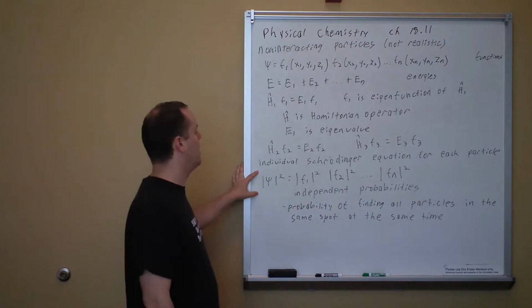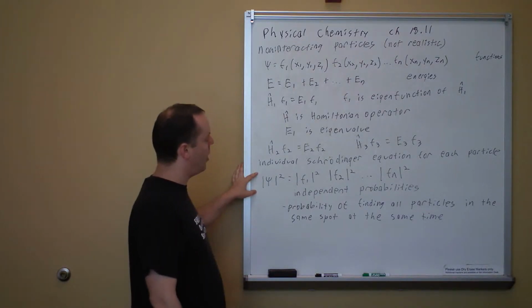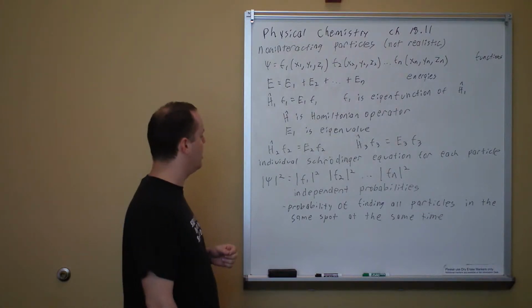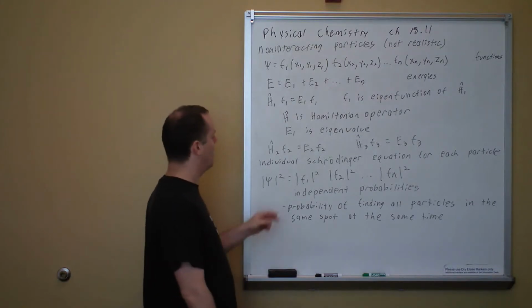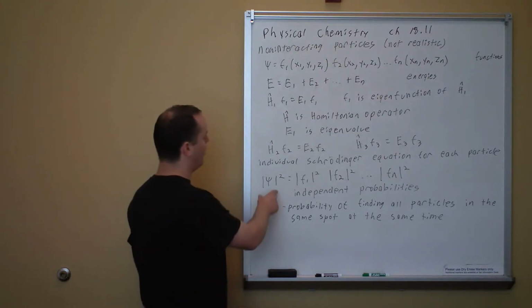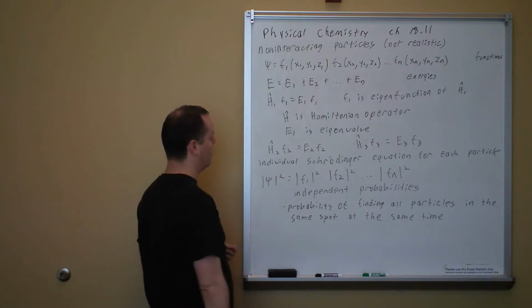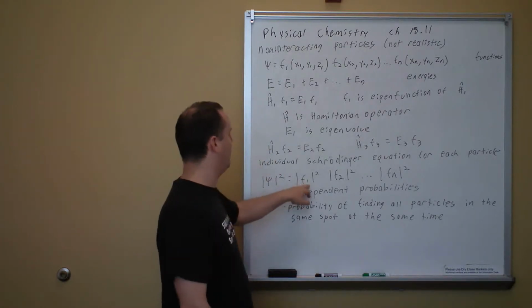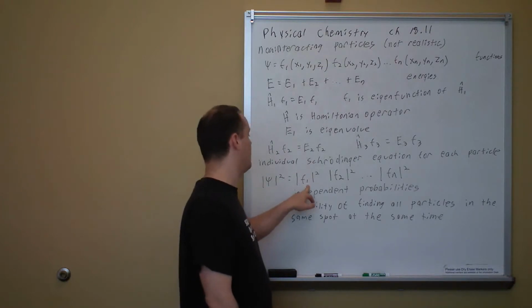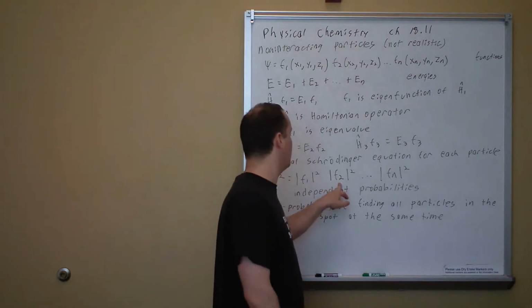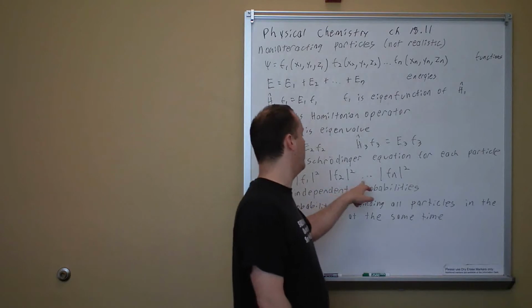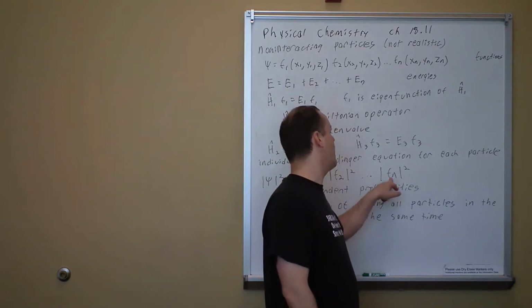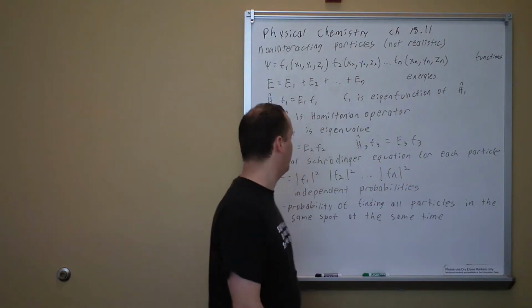And if you've ever taken probability, you know that the probability of independent events, you just multiply them together. And remember, our probability is the absolute value of our wave function squared. So the absolute value of our psi squared for the whole system is just equal to the absolute value of the function for particle 1 squared times the absolute value of the function for particle 2 squared times all the way to the absolute value of the function for the nth particle squared.